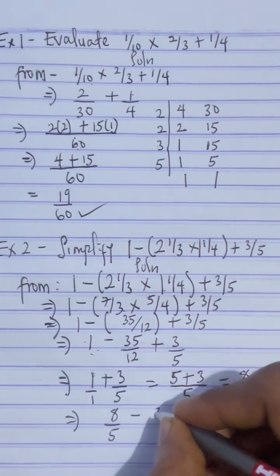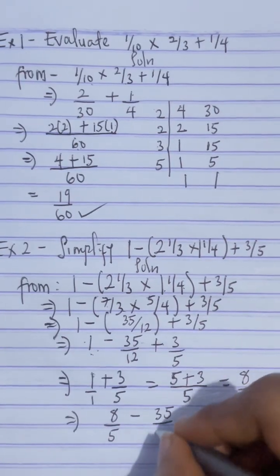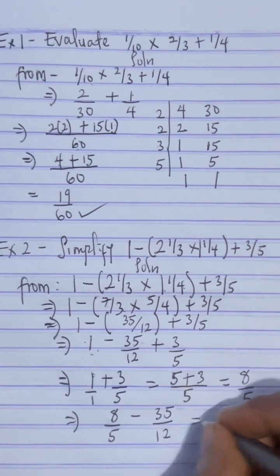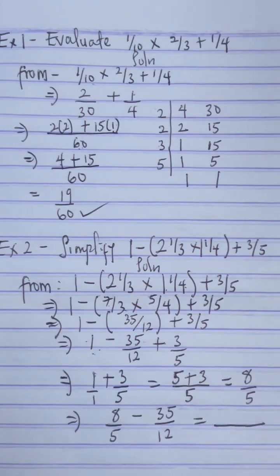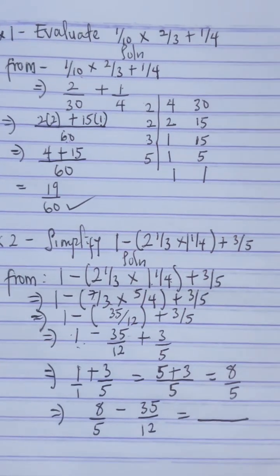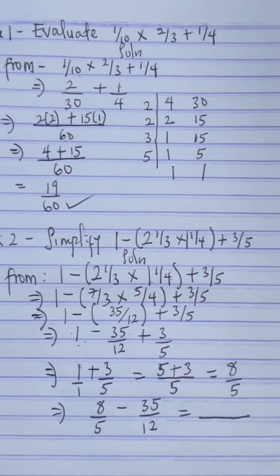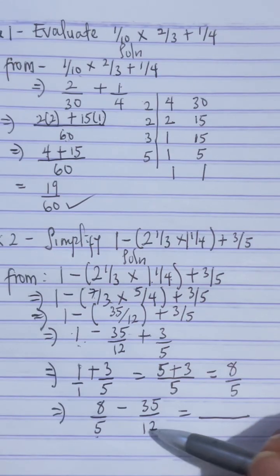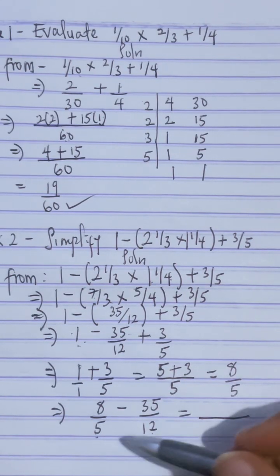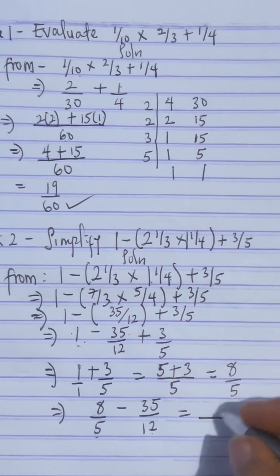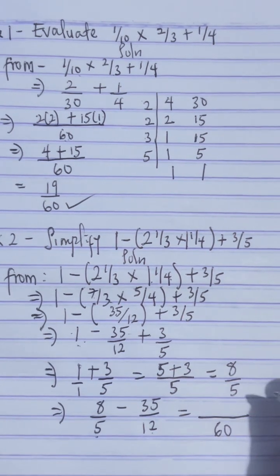minus 35 over 12, right? Good. So now the LCM between 5 and 12 is what? 5 is not a factor of 12, and 5 cannot divide 12, that's the remainder, right? Good. So we multiply, 5 times 12, that is 60. So 60 is the LCM.